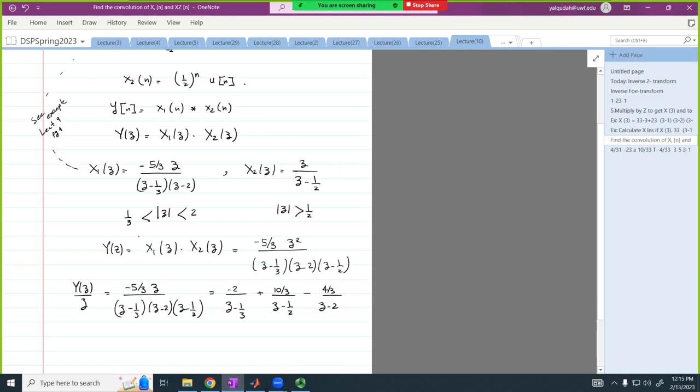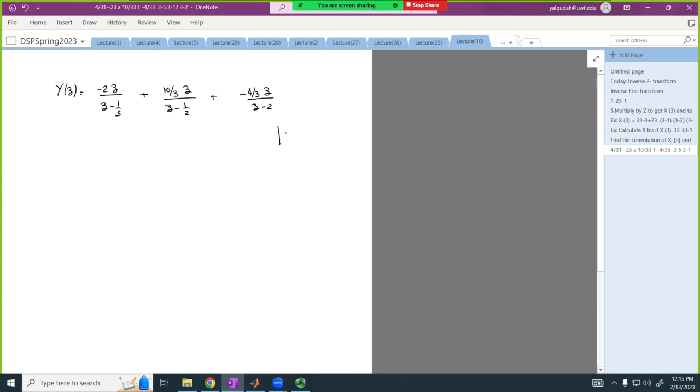What is the total region of convergence going to be? The result of the convolution is going to be the intersection of both. So it's going to be between 1/2 and 2. Together? And therefore, if I look at these terms, the first two terms are going to be right-sided or causal, and the third term is going to be left-sided. Is that clear? Makes sense, everybody?